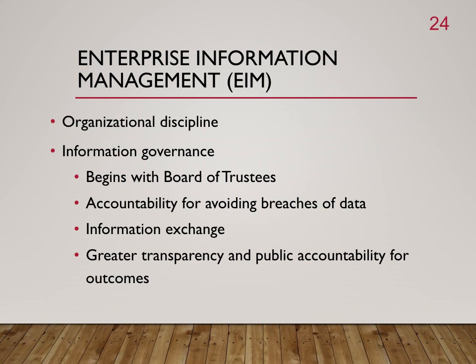Enterprise information management is also part of your responsibility. So make sure you understand both organizational disciplines as well as information governance. And if you're unsure, there's information in your Oates Waters textbook as well as on the AHIMA website.